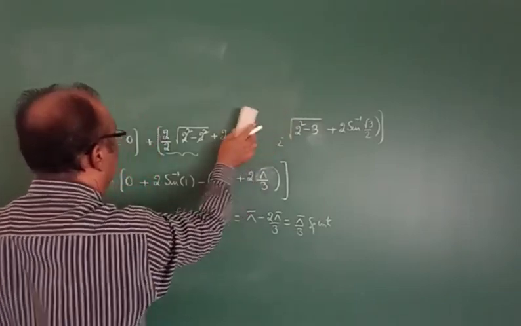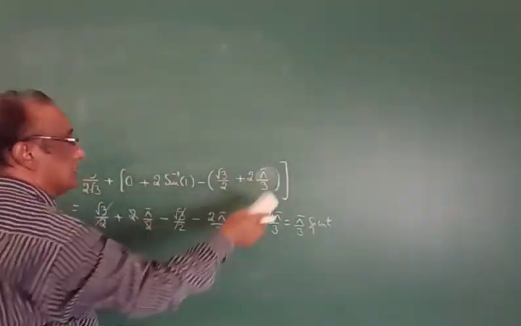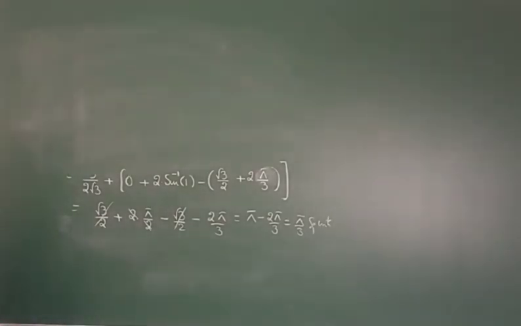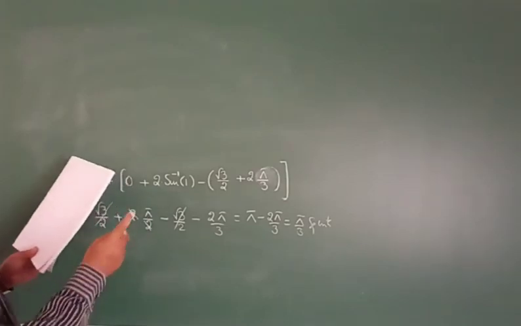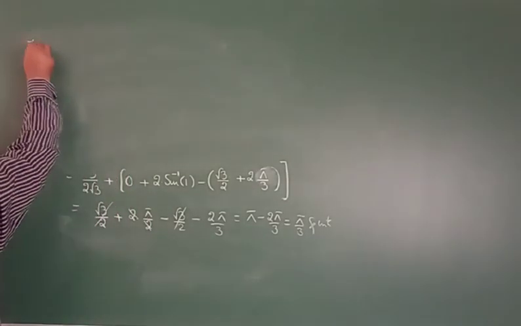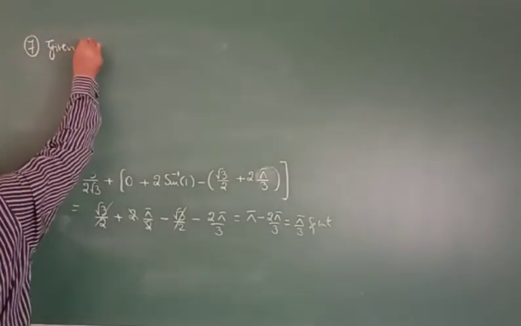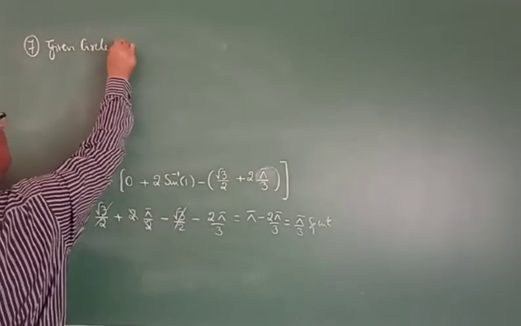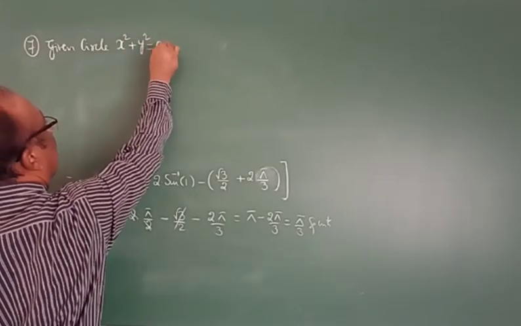the seventh problem. First everyone see the seventh problem. First one is circle equation is given. Seventh problem: given circle x square plus y square is equal to a square.